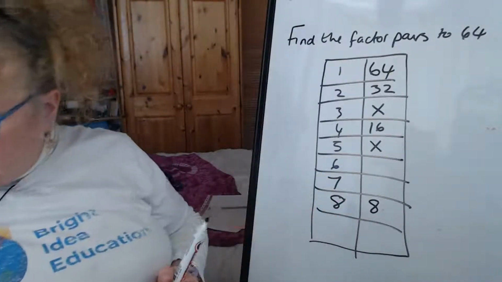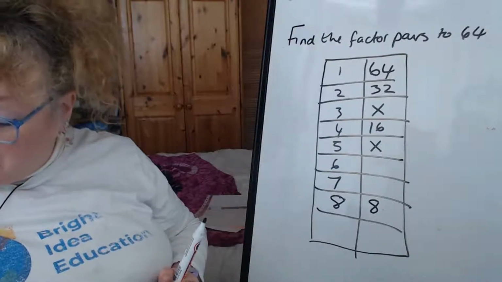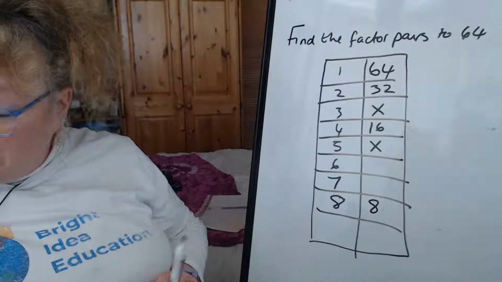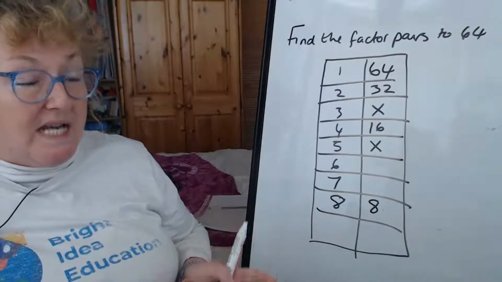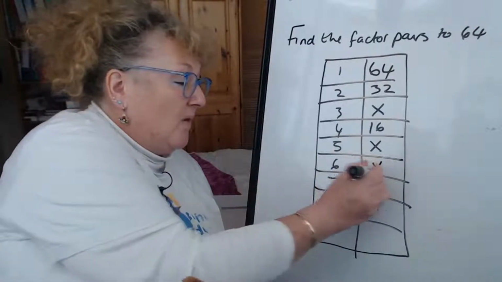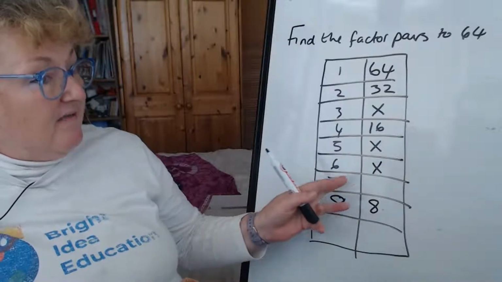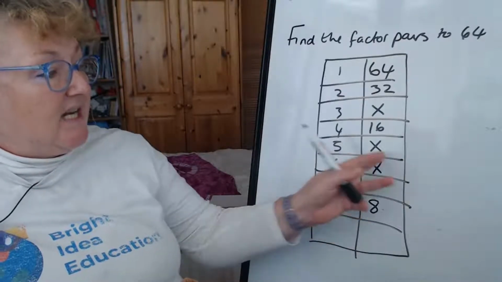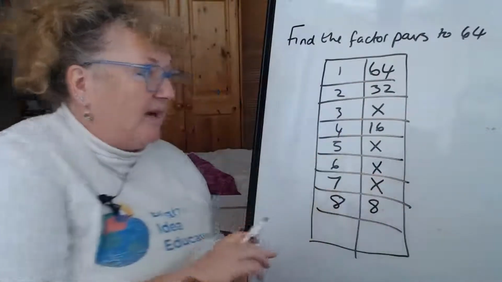So we're seeing, is 64 divisible by 6? Is 64 in the 6 times table? Well, 10 6s are 60, 11 6s are 66, so no. 7 7s are 49, 8 7s are 56, 9 7s are 63, so no, that's not going to either.